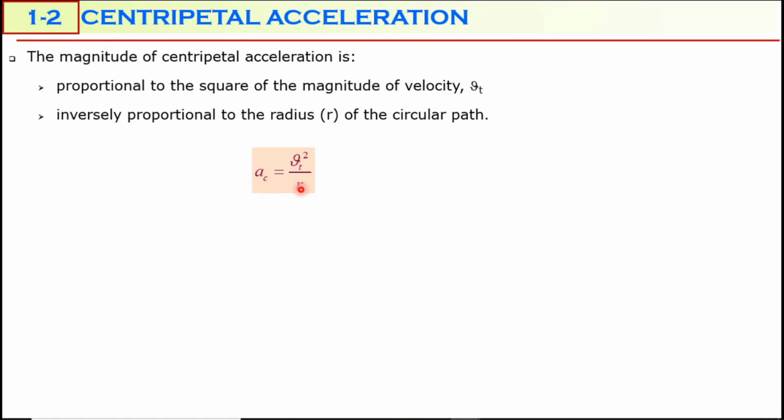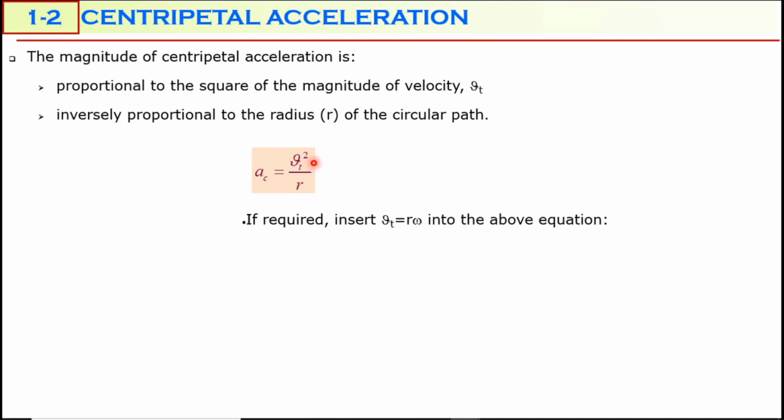But if you run instead in a small circle, with a smaller radius, then centripetal acceleration will be greater. Centripetal acceleration is calculated by tangential speed squared divided by r. This is the equation for the magnitude of centripetal acceleration. So a_c is v_t squared over r.